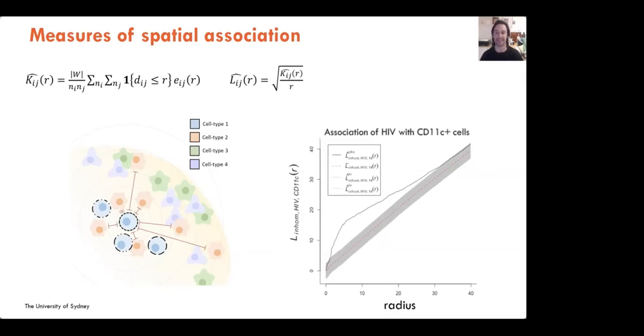Put simply, they just give you a scaled average of the number of cell type J within a certain radius of cell type I. On the right, you can see an L-cross function summarizing the spatial association between CD11C positive cells and HIV virions. The diagonal line here are the values of this function if the cells were randomly distributed throughout the tissue. However, the black curve is what we observe in our data, and this indicates that this cell type appears to be localizing in the same regions as HIV.